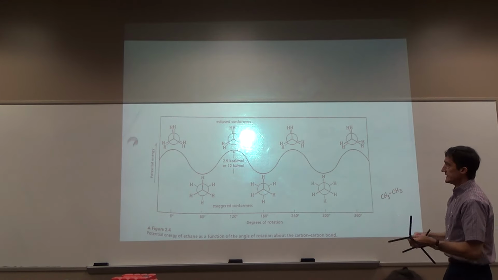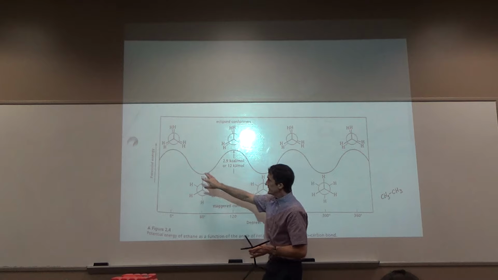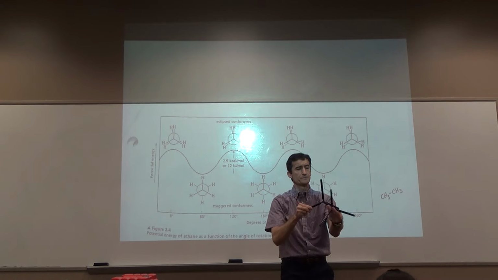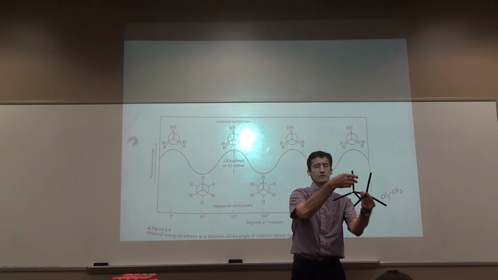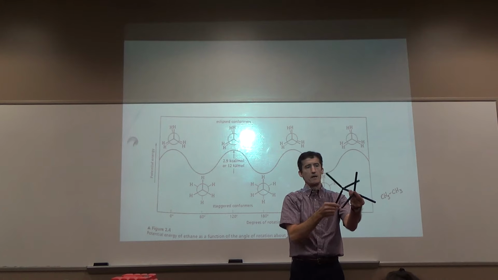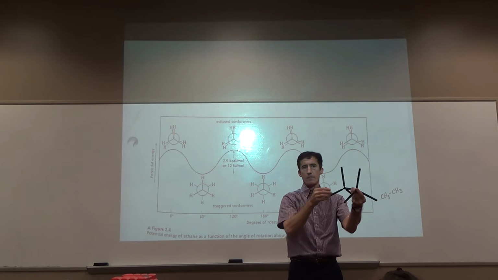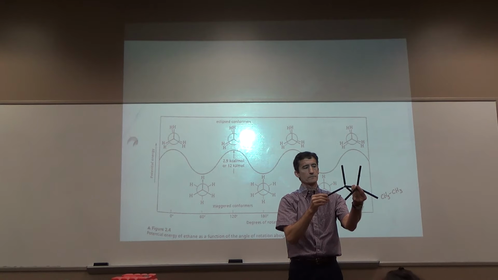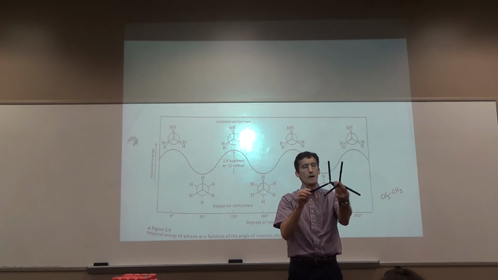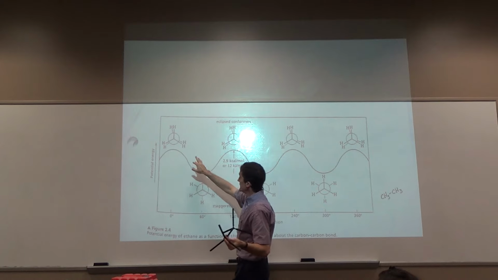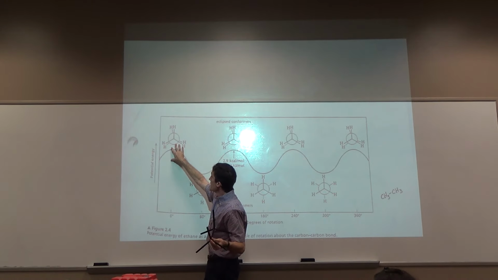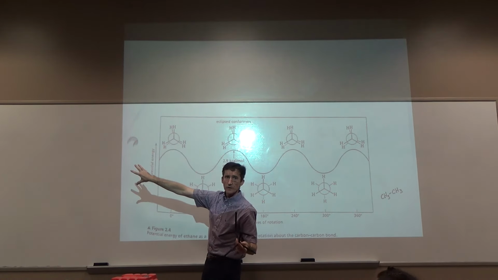This is what we just did, and we can actually plot potential energy. For example, the eclipsed is higher in energy than the staggered, because when it's eclipsed, these electrons are closer together. And so if we start here, and let me draw this for you, okay?